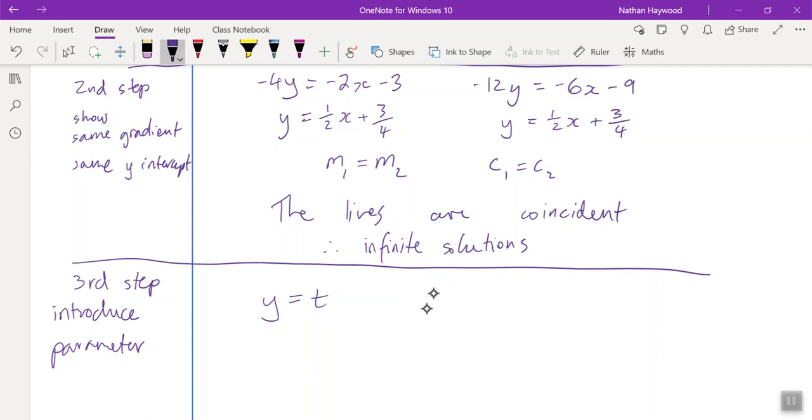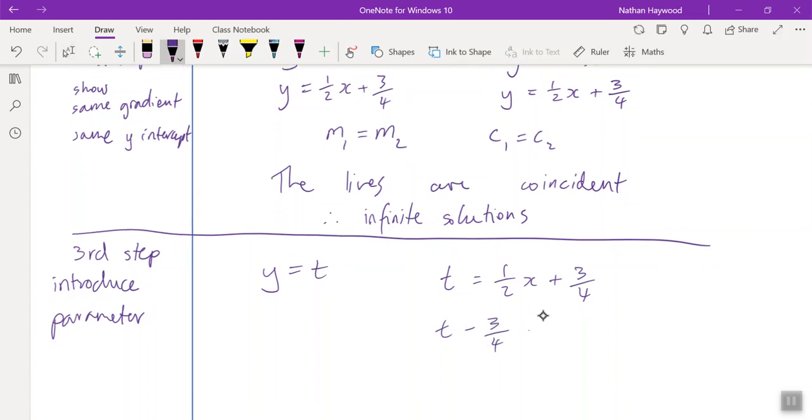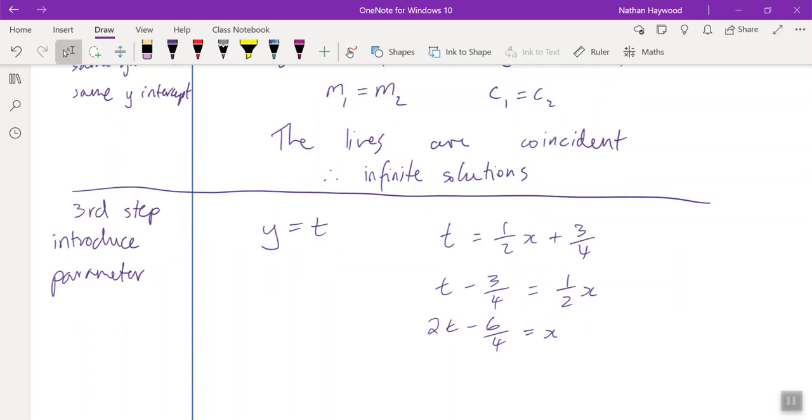So if we just rearrange for x with t subbed in, it will give us something. So now we've got y and x in terms of a parameter t. So they're in parameter form.